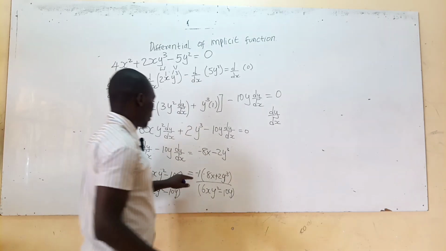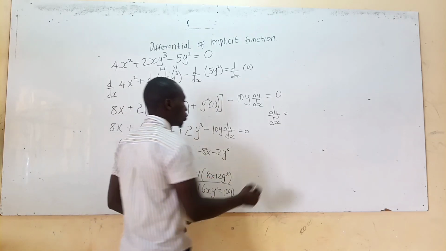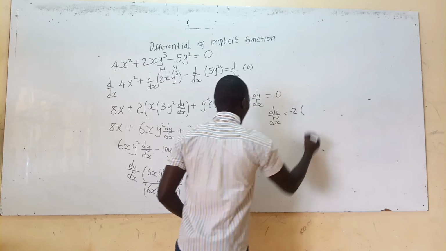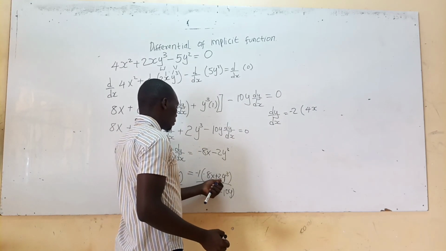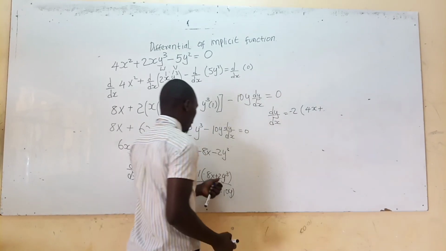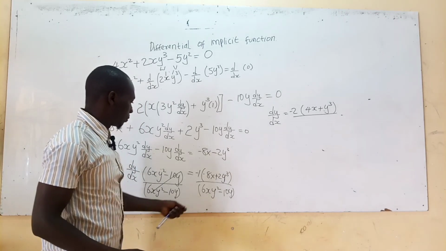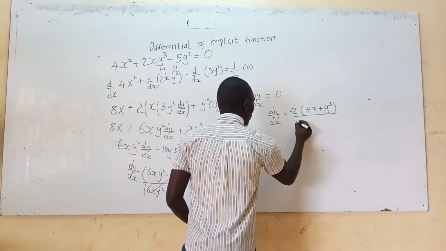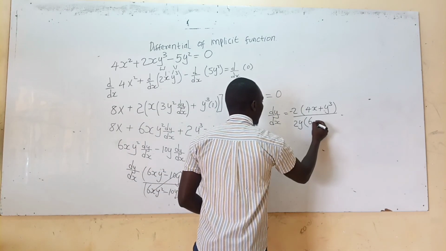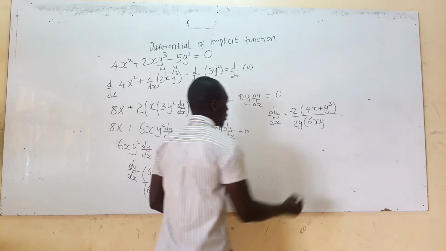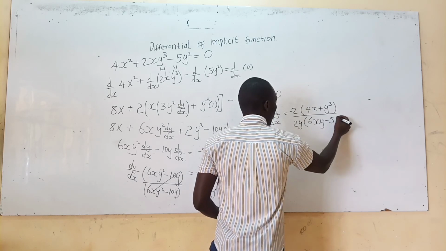And now we are going to have, on the numerator here, a common term of 2, a negative of 2 for x, we add 2y cubed, and everything is going to be 2y multiplied by 6xy, we subtract y.